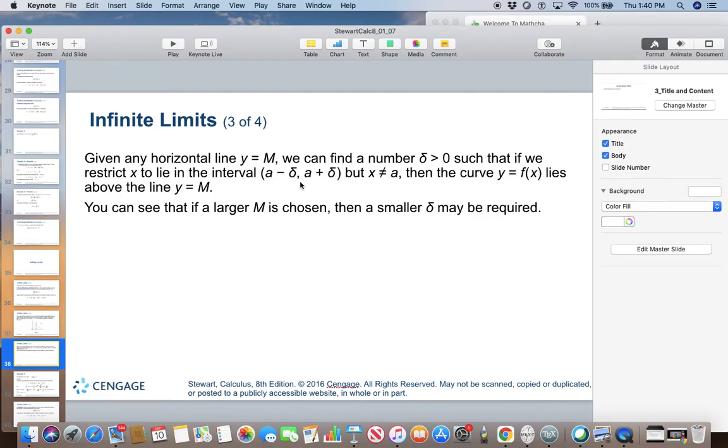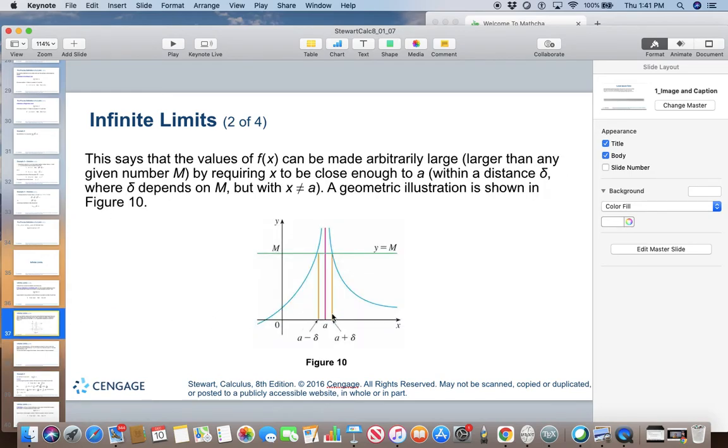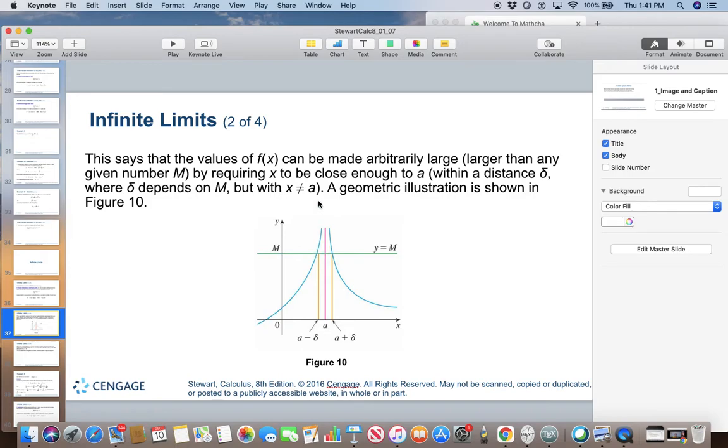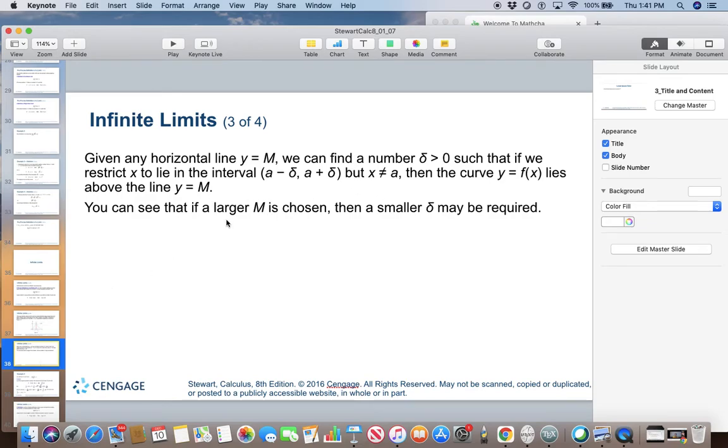So as long as x lives in this interval but x is not a, like in this case, at a, f is not defined. We don't want x to be a, then the curve f(x) lies above the line. That's what it means to have crossed the number M. Your function f is even higher valued than M when x is close enough to a.